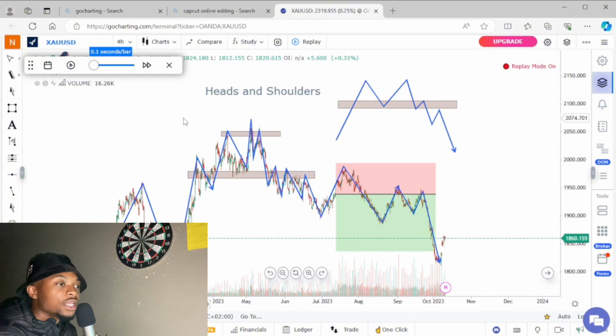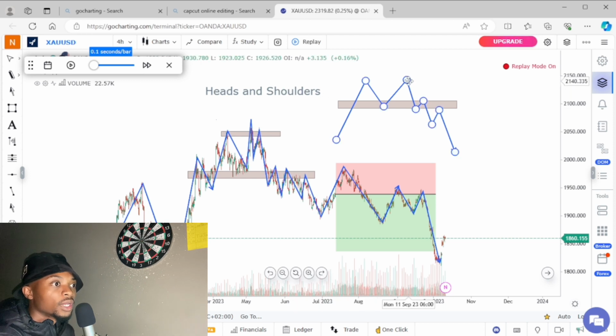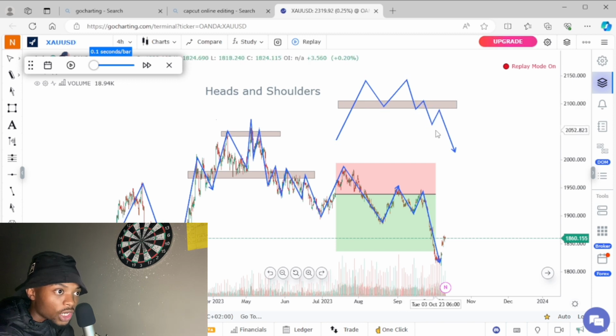So we literally do the same thing. We'd go about executing this trade exactly the same way. We'd wait for this double top to form, and that would be our first confirmation. Our second confirmation would be the price breaking below the structure, and this turning from support to resistance.